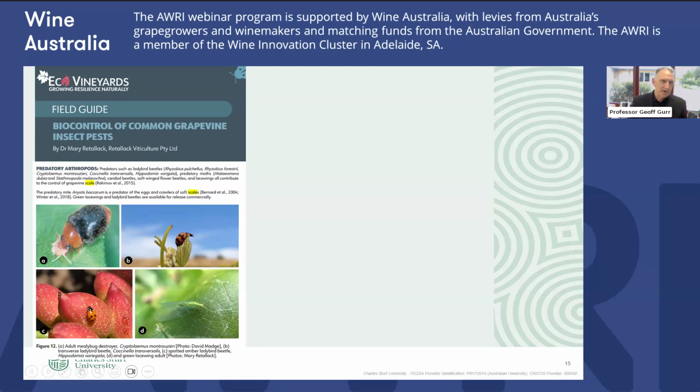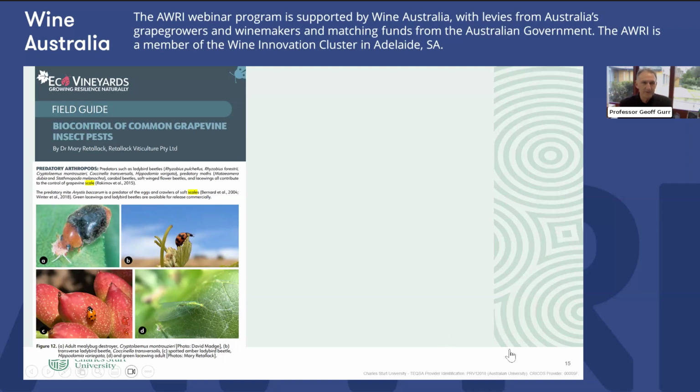Okay, so having spoken about parasitoids and not exactly poured cold water on them as a control mechanism, but tried to manage expectations that they will be a contributor at best towards suppressing scale insects, let's switch our attention slightly to predators, so away from parasitoids and towards generalist predators that might contribute to scale insect management.